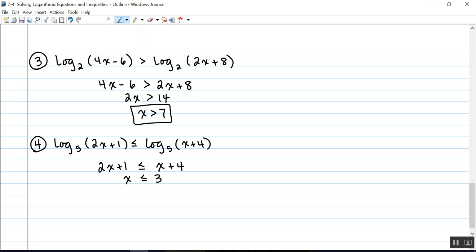But actually not so much x, but in this case, what's in what I'm taking the log of has to be greater than 0. So I have to set each of those to be greater than 0. So 2x plus 1 has to be greater than 0, and x plus 4 has to be greater than 0. So this is going to give me x has to be greater than negative 1/2, and x has to be greater than negative 4.